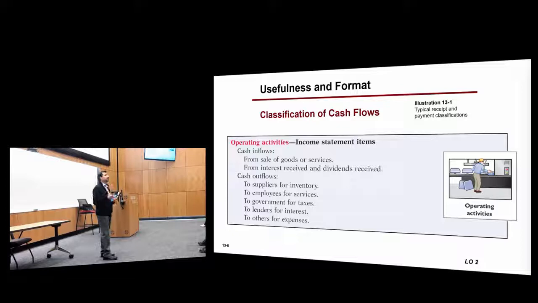When does the company receive cash? When they sell something or they provide a service, right? Or when they earn, yes? Go ahead. Yes, interest revenue. Basically when they earn interest or dividends. This is how the company makes money.